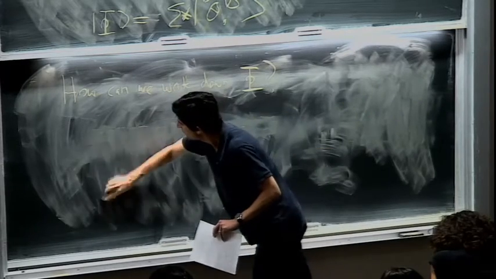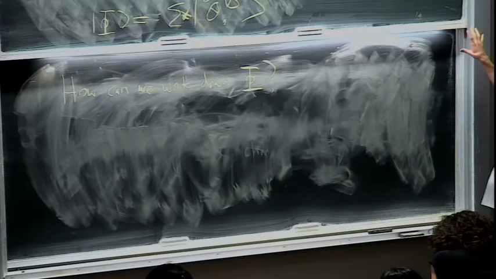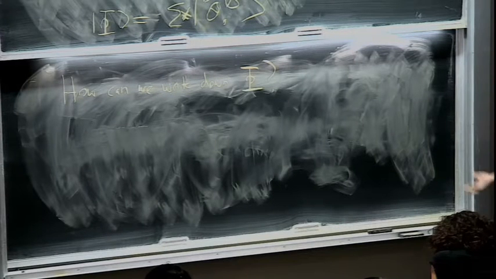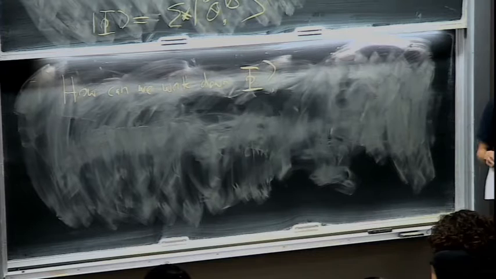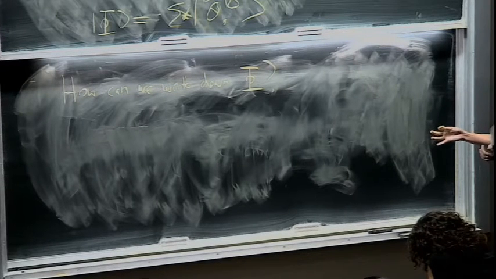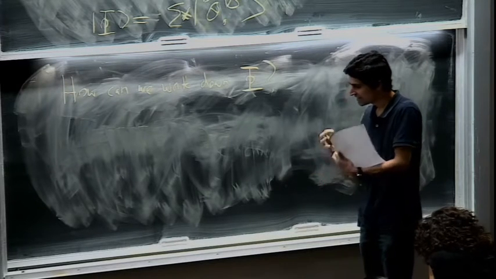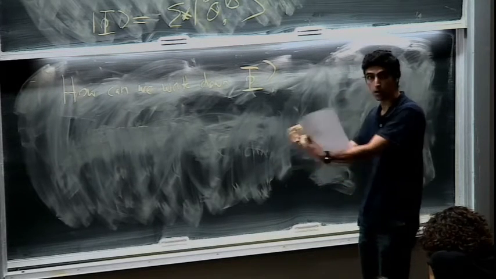So the strategy is going to be, instead of writing down a wave function explicitly, just telling you a formula, I'm going to describe a wave function in terms of some local constraints that it obeys. The reason that's a good thing to do is, first of all, it lets you write down a really complicated wave function that you can't even write down in closed form. And second of all, because you're writing it down in terms of local constraints, it's naturally something that could be the ground state of a local Hamiltonian.